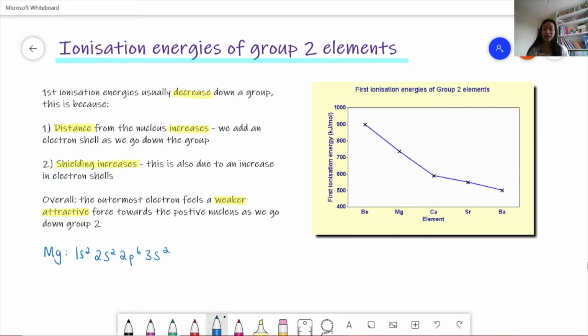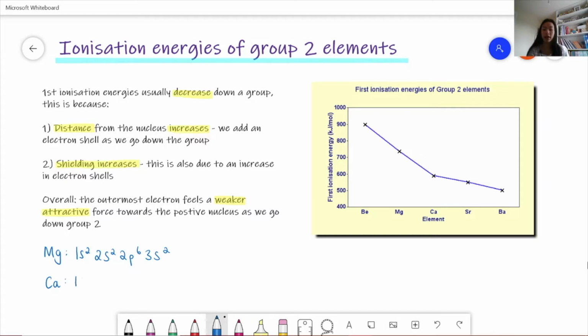However, when we look at calcium, which is down 1 in the group, it's also in the s block because it's in the same group. And because it's in group 2, it also has 2 outer electrons in its outer orbital. But this time it's in period 4. And so the outermost electron is now in 4s2.